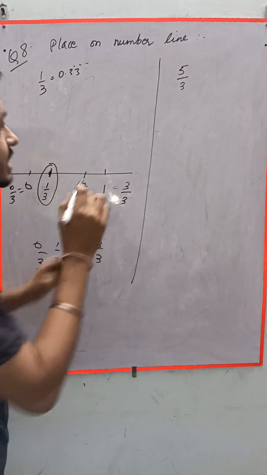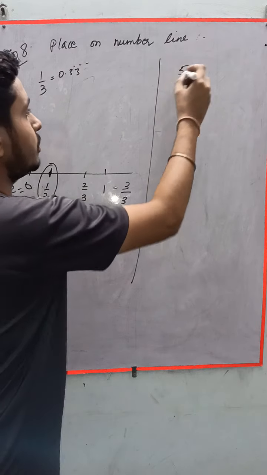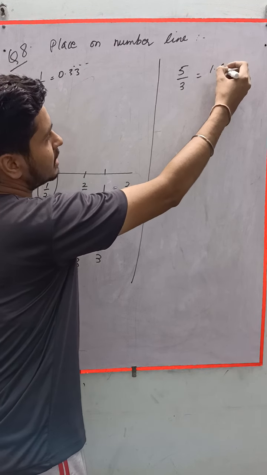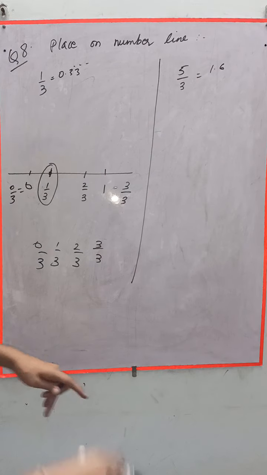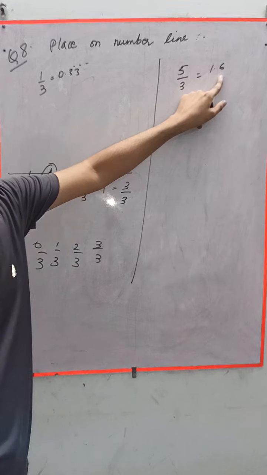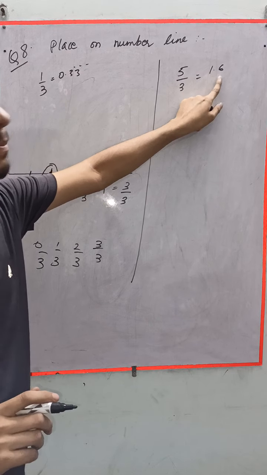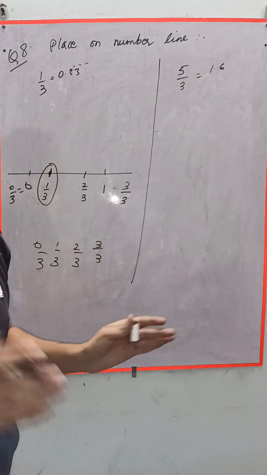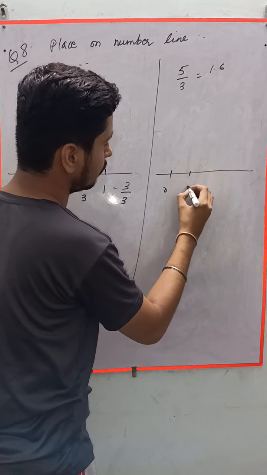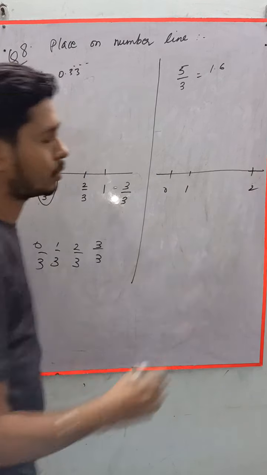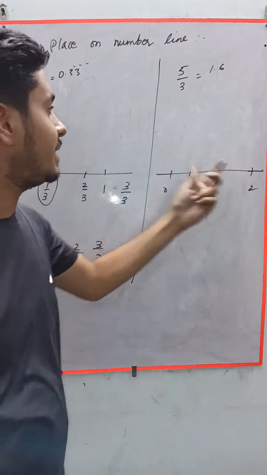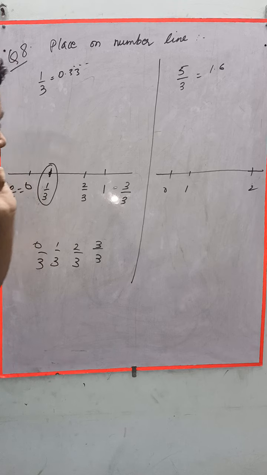Now if you come to this case, 5/3, on dividing you are getting somewhere like 1.6 and whatever, we don't have to go that far. So at least we can estimate that this 1.6 will lie between 1 and 2. So here making the number line 0, 1 and 2. I'm making this broad because maybe we'll draw the line, so it will help us.